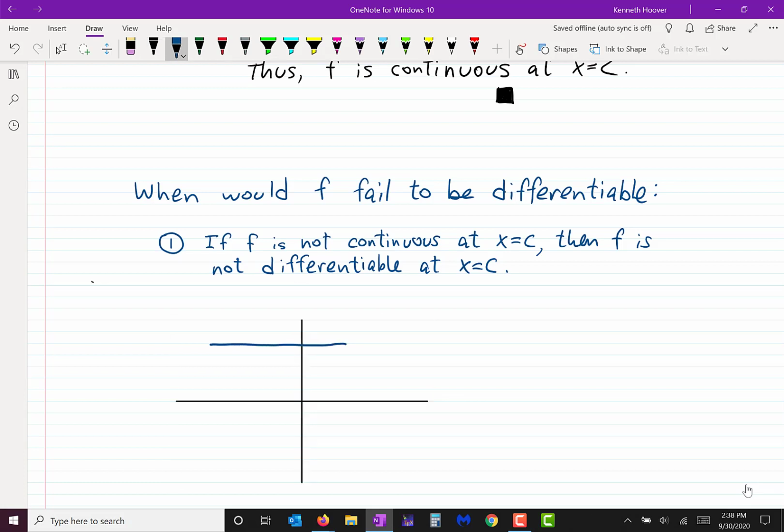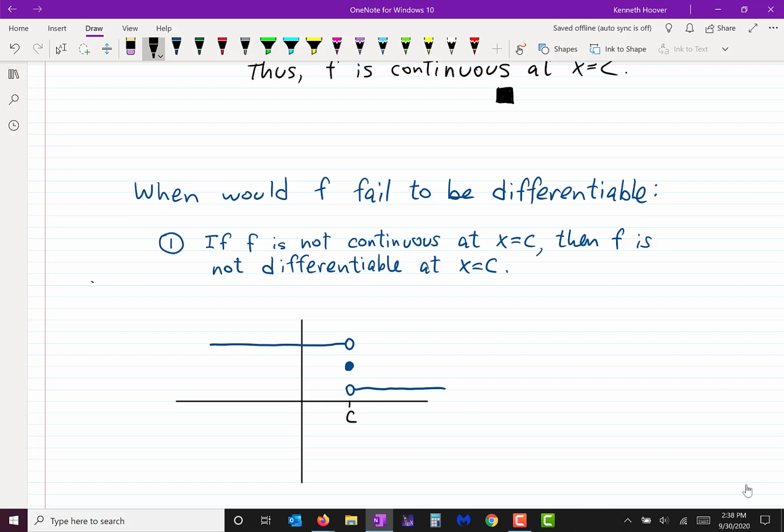Here's a simple way of drawing a function that's not continuous here. I'll just put that function like that. What kind of discontinuity is that, by the way? That's a jump discontinuity. Okay, now here's the thing. f prime of c is supposed to tell us the slope of the tangent line at c, right?